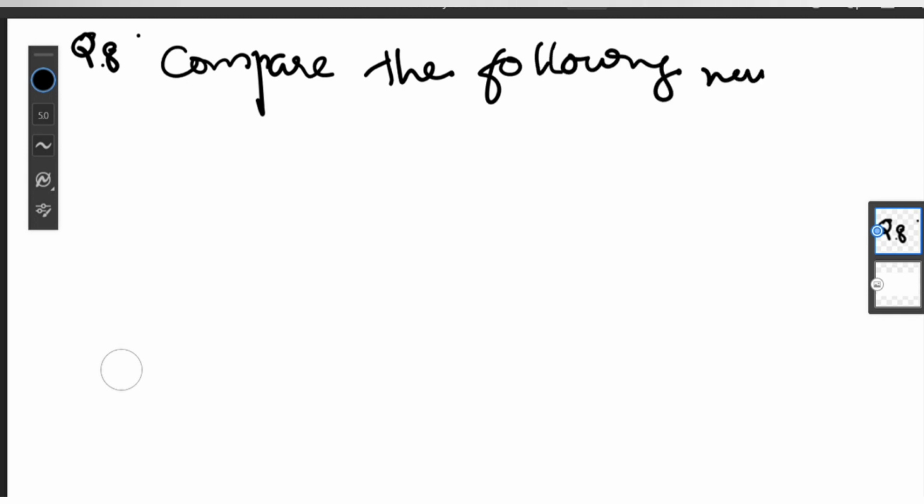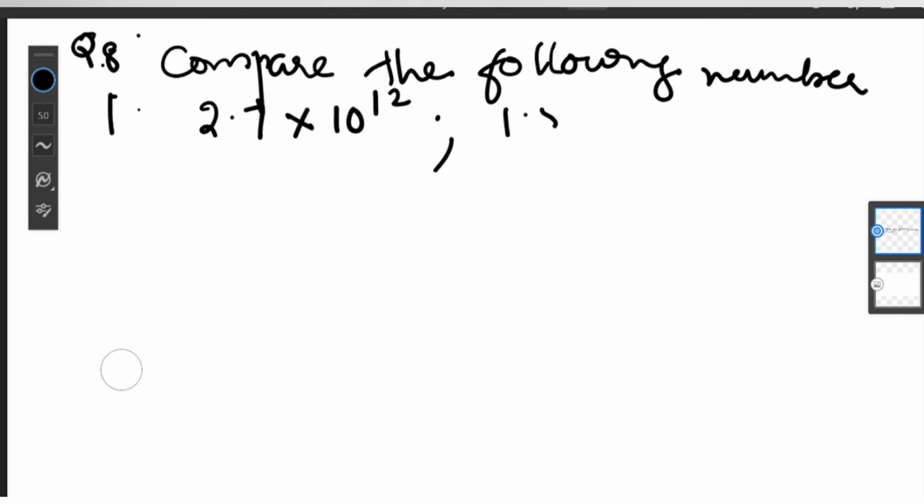Compare the following numbers. First question: 2.7 into 10 to the power 12, and another number 1.5 into 10 to the power 8. We have to write whether it is greater or less.